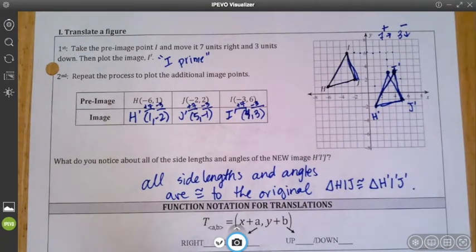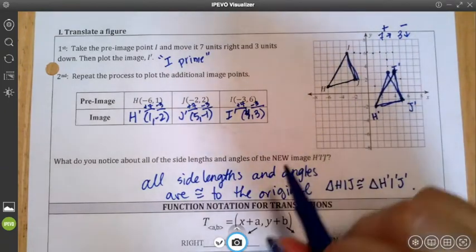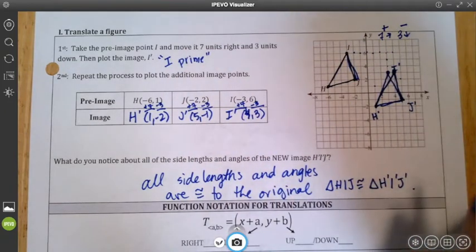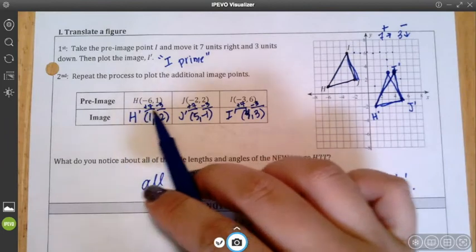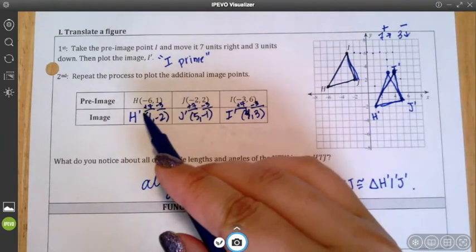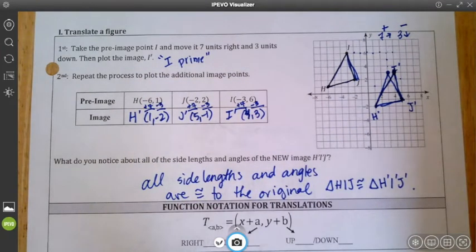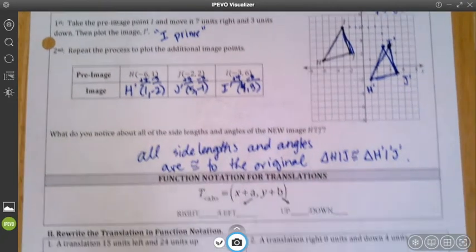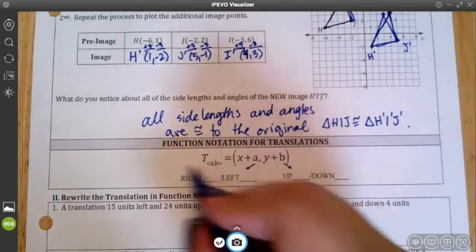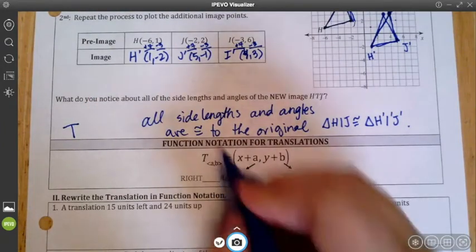So how do we write this transformation? Well, if you look at how we calculated this, we added 7 for our X value and subtracted 3 for our Y value. So when we calculated it from our points algebraically, what we did is we added 7 to the X and subtracted 3 from the Y. And the way that we write this in function notation is we write a T for transformation, and then these little pointy brackets.